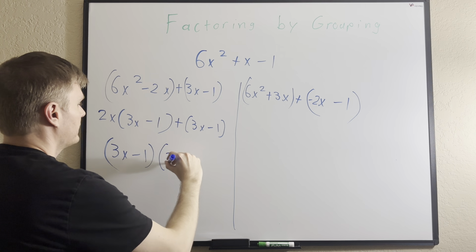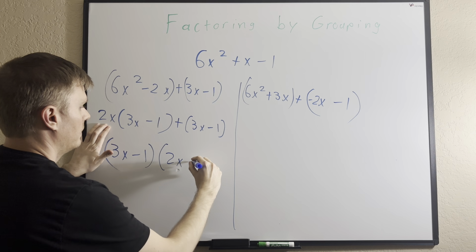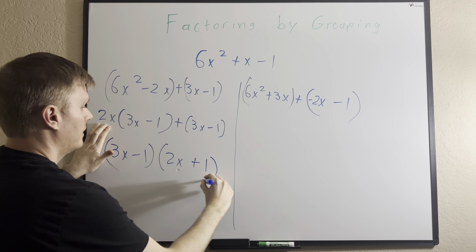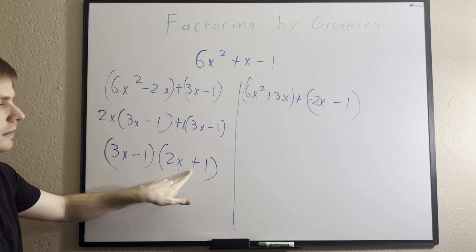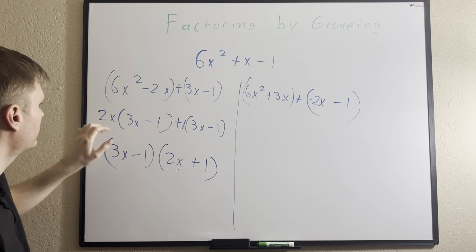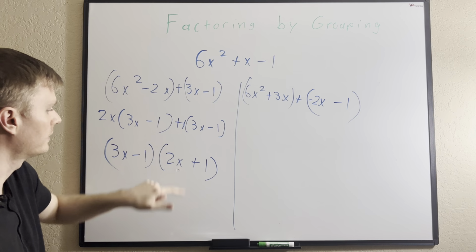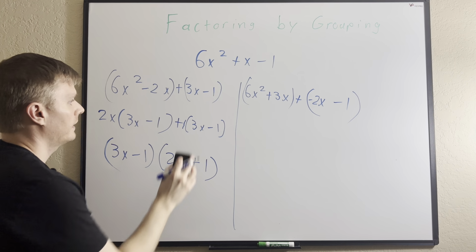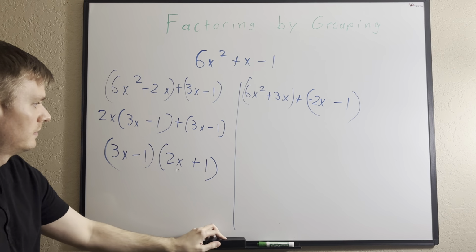Is it just 2x? No. Do not forget, there is an understood 1 right there. It's 2x plus 1. We're not just distributing this to 2x, we're also distributing it to a positive understood 1. That can trip people up all the time.